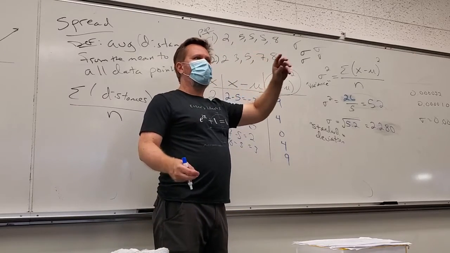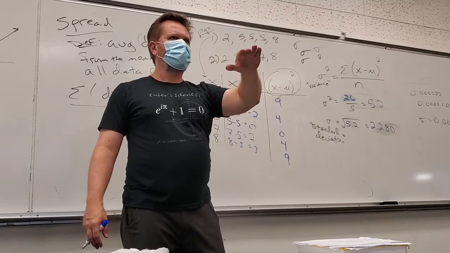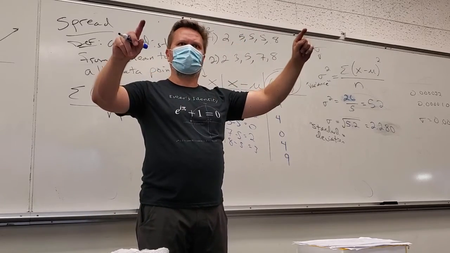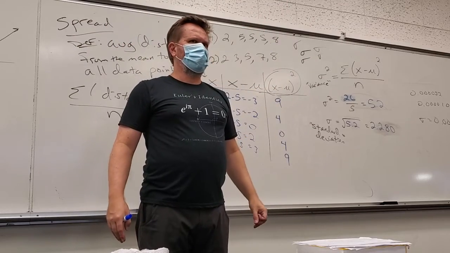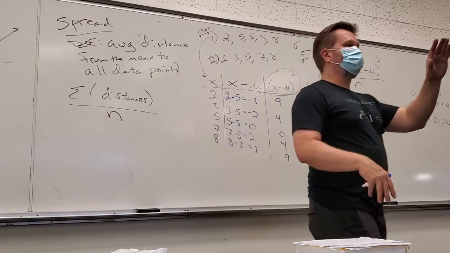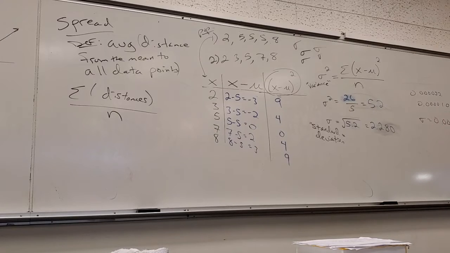So now, if somebody just tells me the mean and the spread, I have an idea of what the data looks like. If on a test, I tell you the mean was 75 and the standard deviation was 2, did anybody do really well?